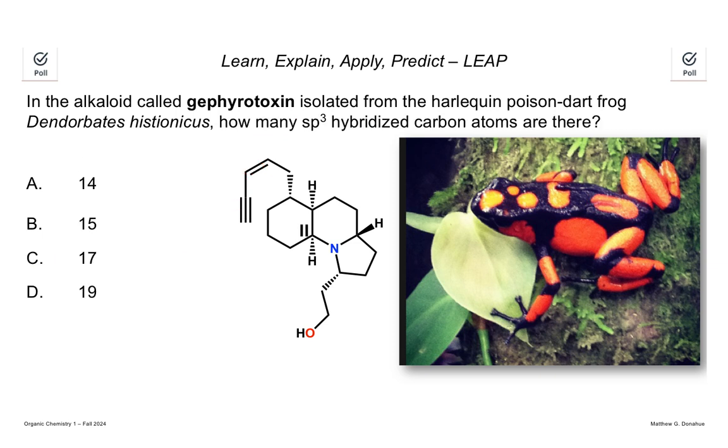So one more question before we leave. How many sp3 hybridized carbons are there? So we got sp, sp2. So the way you want to do this, let's just start right here. That's sp3, and then we're going to walk along the backbone.